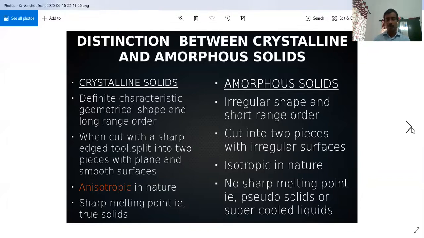So total 4 points. Similarly, in the case of amorphous solid, what happens? First one, short range order. When you cut it with a sharp edged tool, you will get an irregular cut or irregular surfaces. Isotropic in nature. Amorphous solids have no sharp melting point.